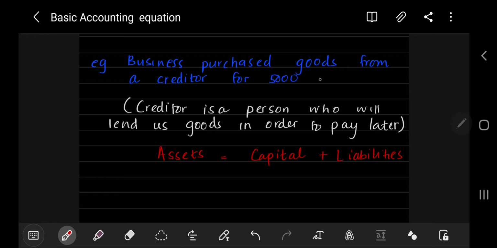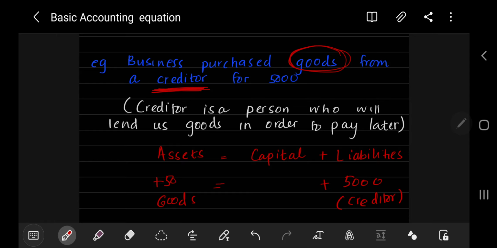As a resource, we are getting goods, or we call it inventories, and that was given to the business by a creditor, which is not the owner, therefore we consider it a liability. This is a creditor which we need to pay back, and due to that the goods or the inventories of the business will increase by 5,000.